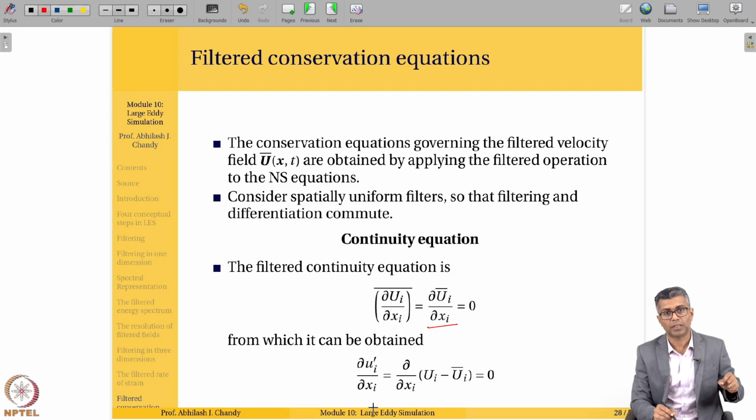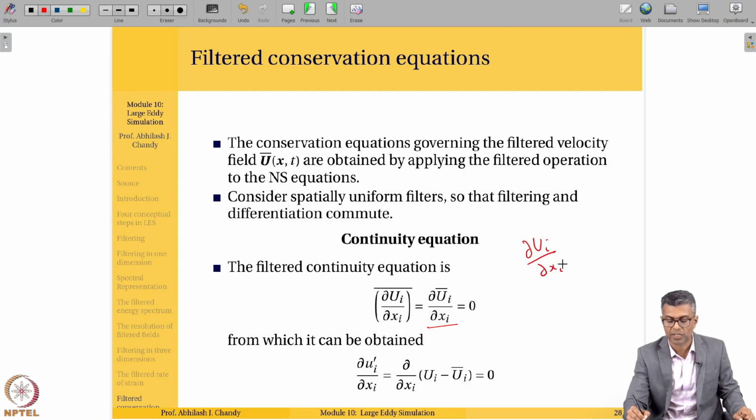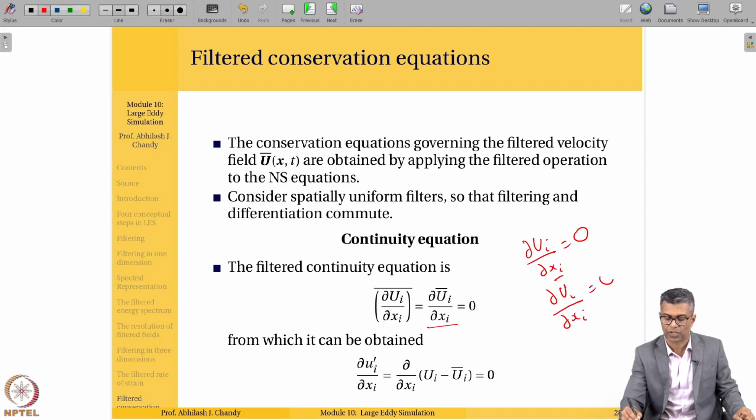Now, if you take a derivative of the residual field, so del xi of ui prime, that would be equal to del xi of ui minus ui bar, right? And this is going to be equal to 0, isn't it? Why? Because your velocity field originally satisfies continuity and your filtered velocity field also satisfies continuity.